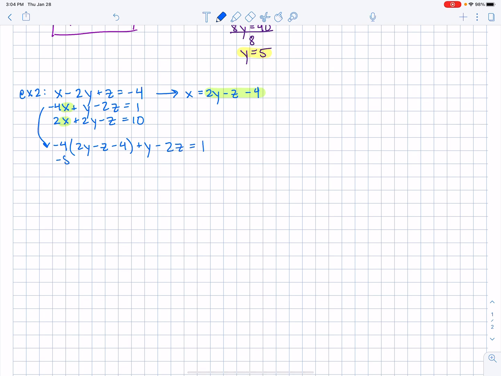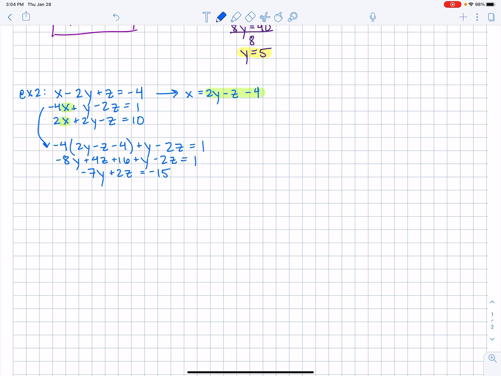Let's simplify some things. Negative 8y plus 4z plus 16 plus y minus 2z equals 1. When you subtract 16 from both sides and combine your like terms, you get negative 7y plus 2z is equal to negative 15.